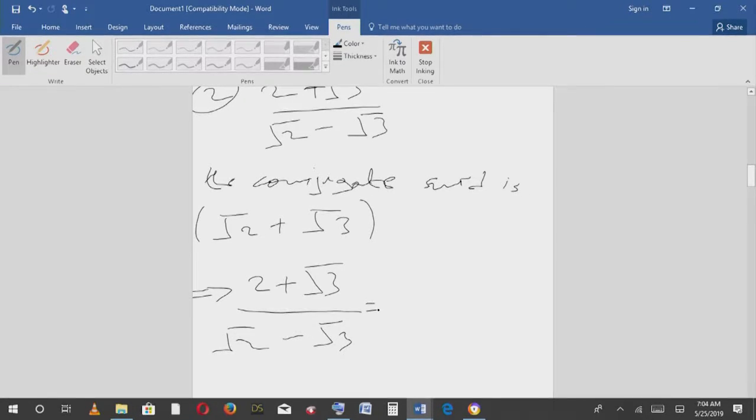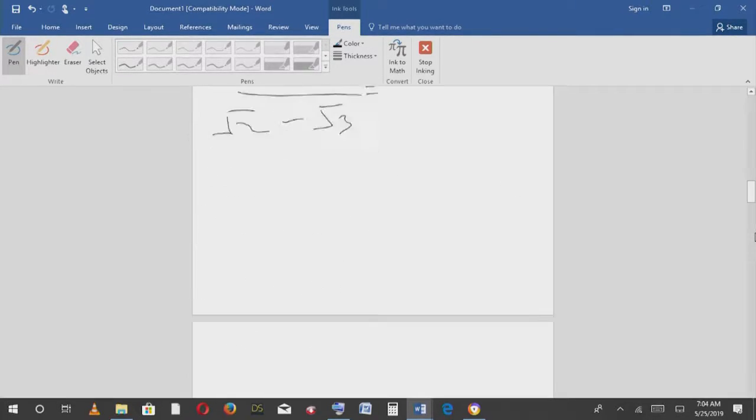We multiply both numerator and denominator by the conjugate, root 2 plus root 3.